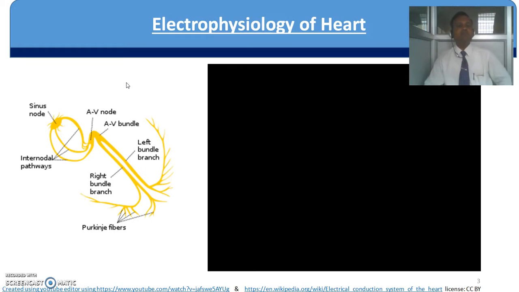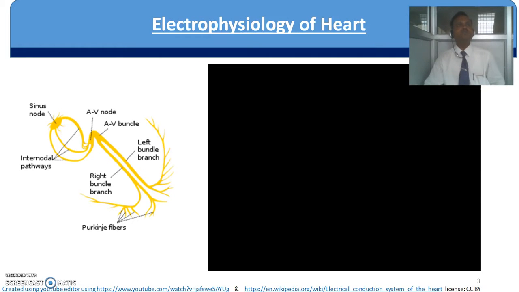Automaticity means they have the capacity to generate their own impulse, the SA node related activity. Rhythmicity means they have excitability and in a specific rhythm they keep on beating. And refractory period is that period in which a cardiac muscle cell does not respond to any external stimulus.